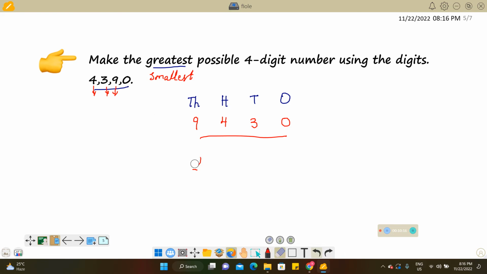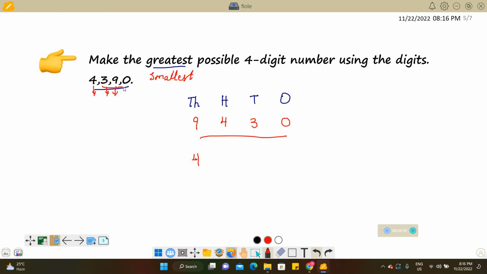So we shouldn't go with 0 here. Though 0 is the smallest number, we should not opt for 0 here, because 0 in the first place will not give us any value. So let's take the next smallest number, which is 4. So we have to write 4 in the thousands place. Now here we haven't used 0 yet, right?